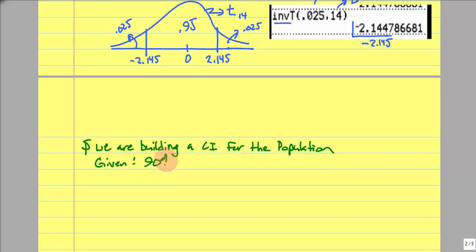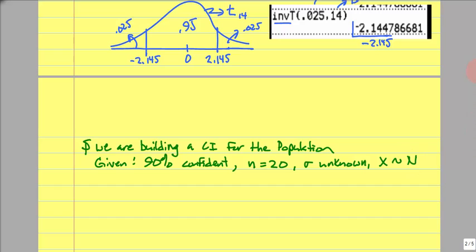Let's be 90% confident. I'm also given that my sample size is 20, and I'm given that sigma is unknown. And last but not least, my underlying distribution of x is normally distributed.